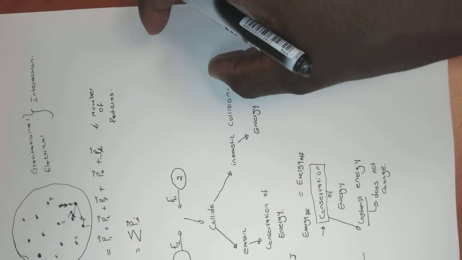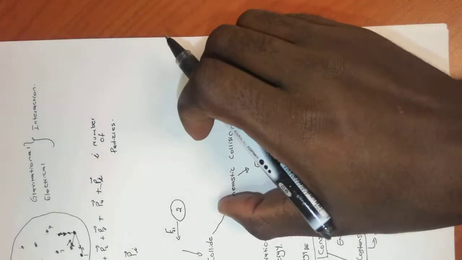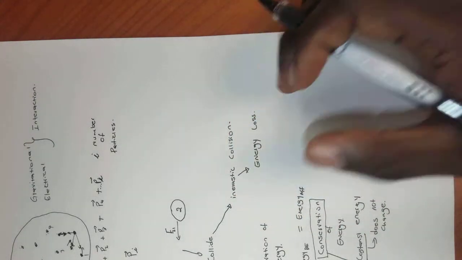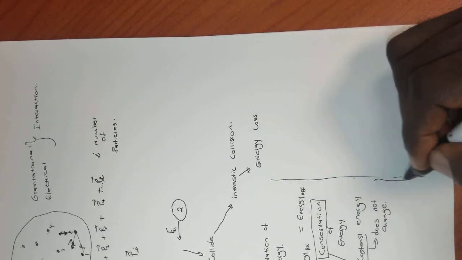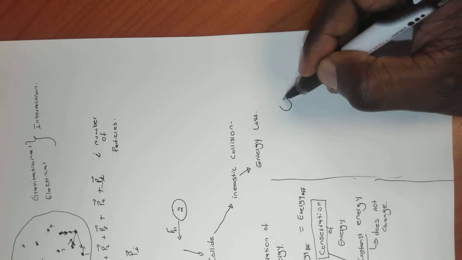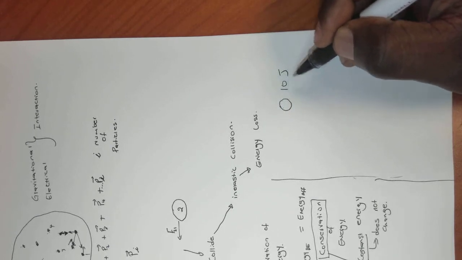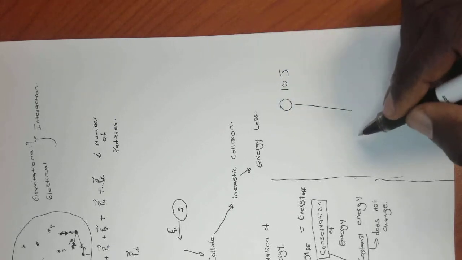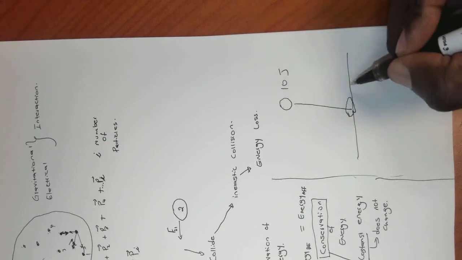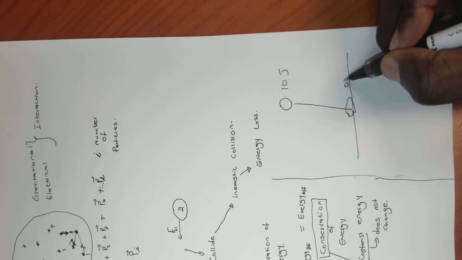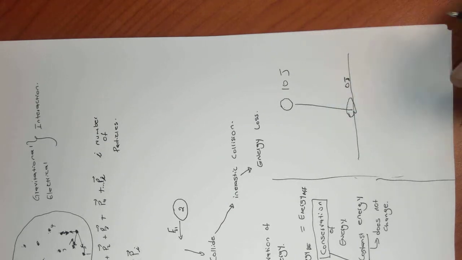In the case of the inelastic collision, there is an energy loss. So you have the same ball, you throw it down with 10 joules. Instead of bouncing back, it probably gets stuck somewhere here, and you calculate and you get that there's 0 joules on it.